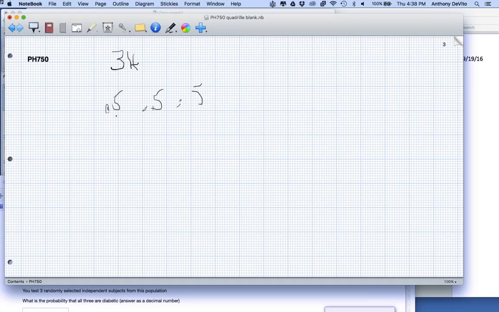So it's 0.5 times 0.5 times 0.5, which is 0.125. It's 1 out of 8. Another way to look at this is 1/2 times 1/2 times 1/2, and that's 1 over 8, which is the same thing as 0.125. It's pretty simple.